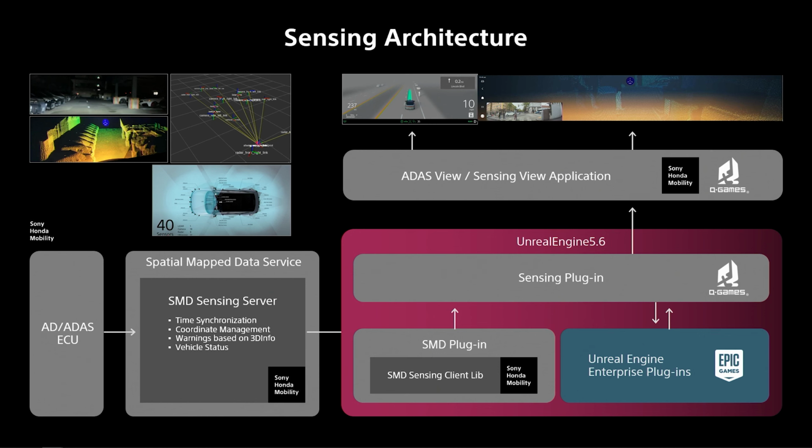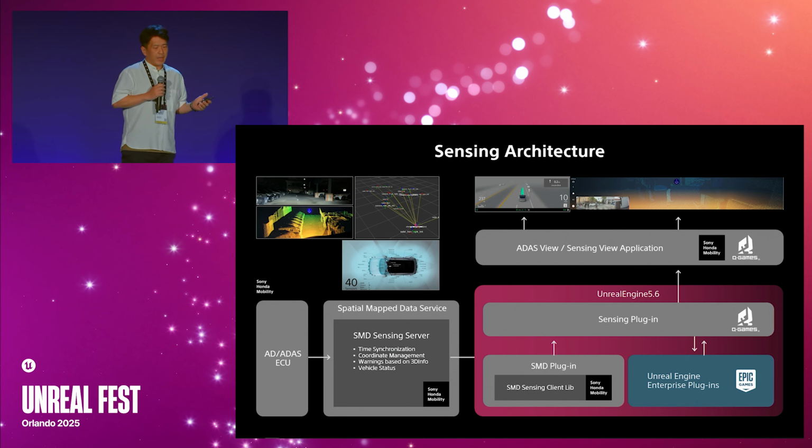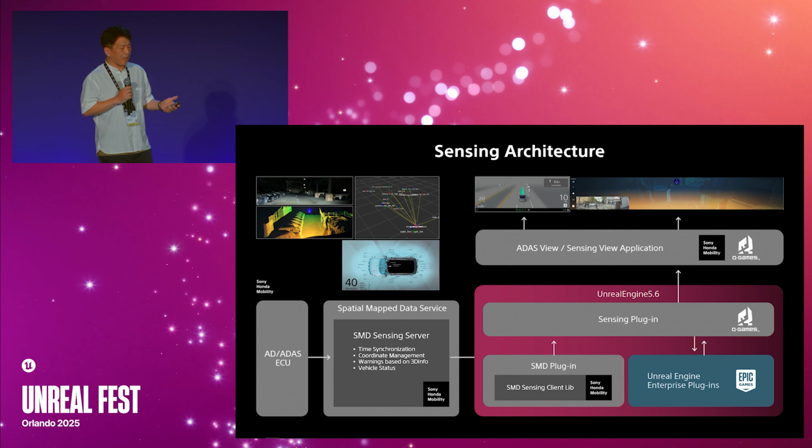In addition, existing vehicle control information and warning information is also transmitted in a temporally and spatially correlated manner. By integrating these data, it is possible to represent the dynamic, changing living world in Unreal Engine.